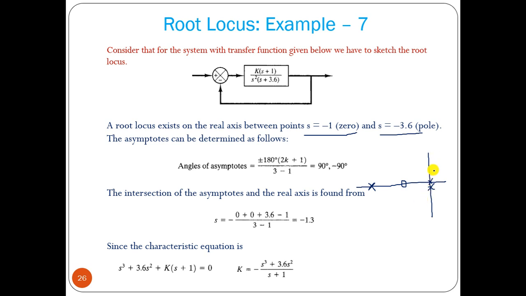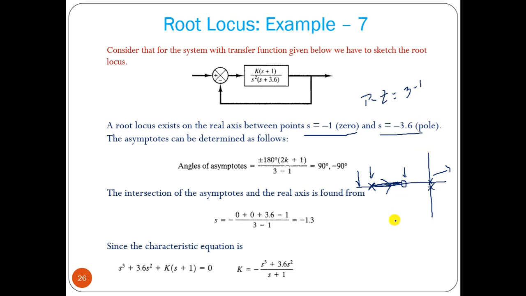So what we can see, on the real axis on this right hand side there is no real axis segment. At this point we have 2 poles, no real axis present. At this point we have 3 poles and a zero, so a real axis segment exists, this is the direction. After that, nothing, so we have only this real axis segment. The number of asymptotes should be p minus z, that is 3 minus 1, so 2.